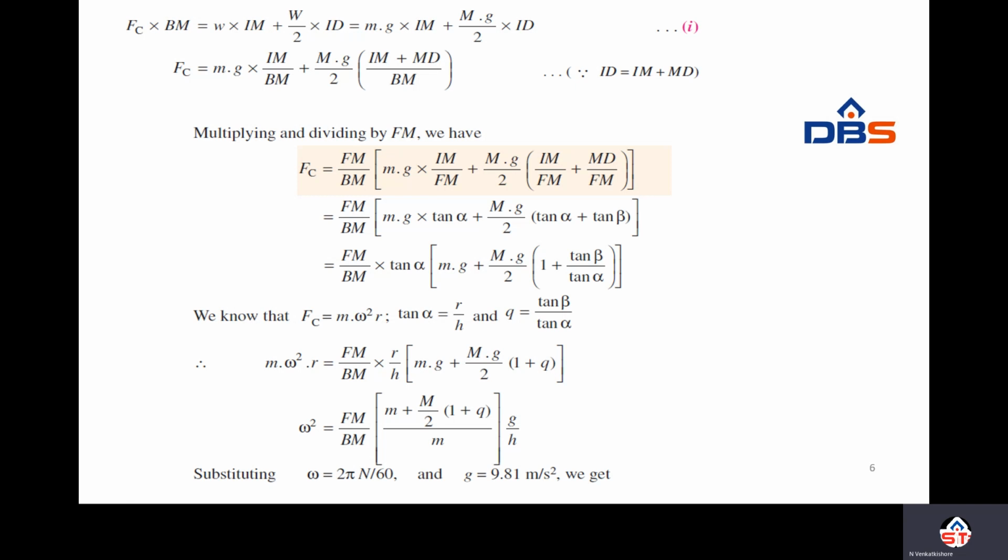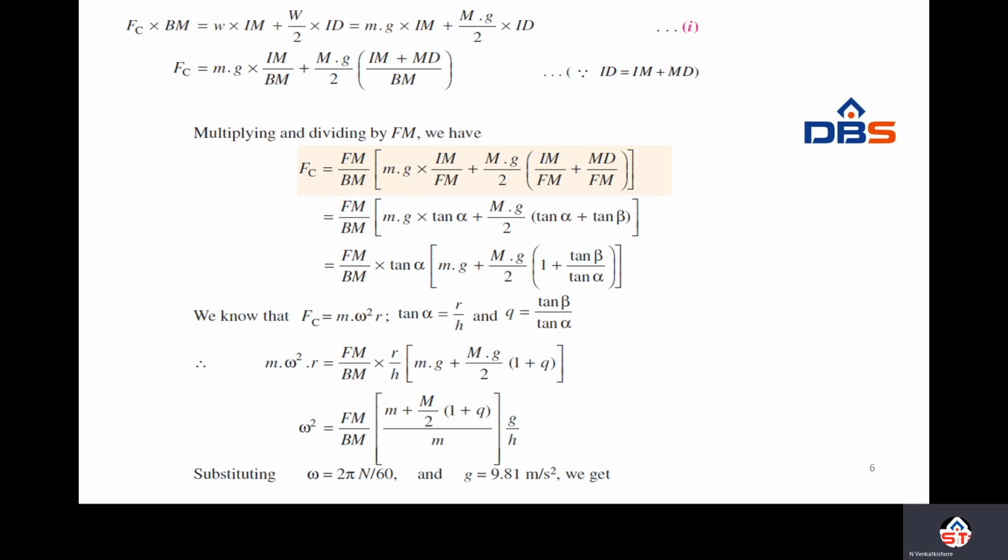So taking tan alpha as common outside, we get mg plus Mg by 2 into 1 plus tan beta by tan alpha. Tan beta by tan alpha we can call q, and tan alpha we can say is r by h. These two we have solved in the Porter governor.